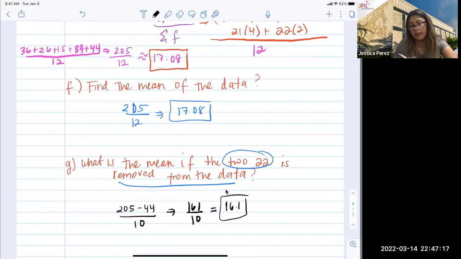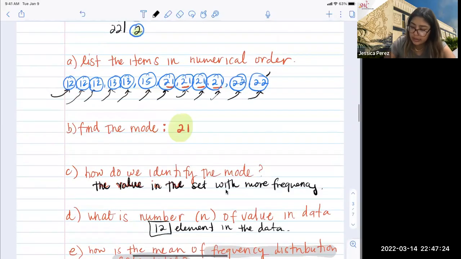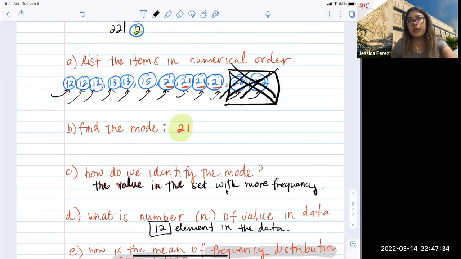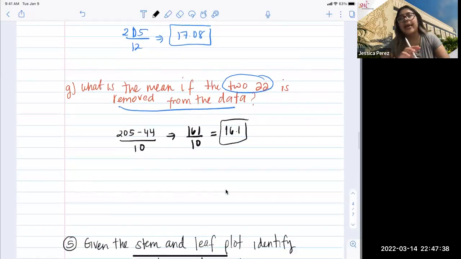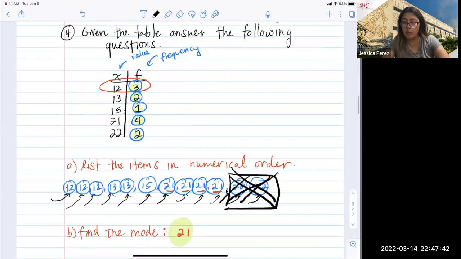That would be your mean if the 22s were removed. So basically you would be removing these two completely, out of the picture. So 1, 2, 3, 4, 5, 6, 7, 8, 9, 10. 10 would now be your new N, your new data set. Okay. And that is it for question number 4.